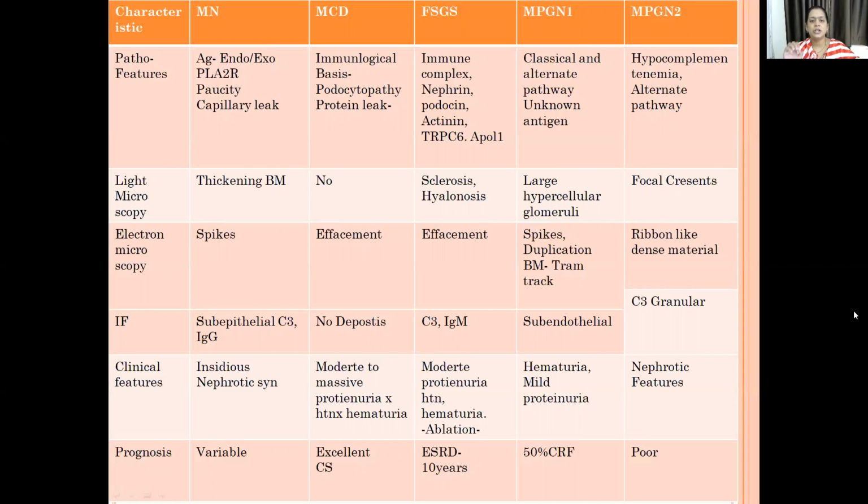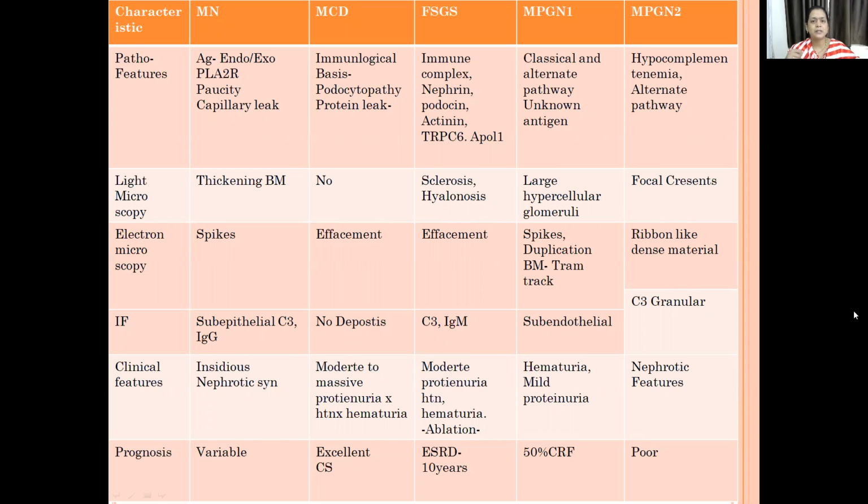Coming to the minimal change disease, usually we know that the minimal change disease has an immunological basis: there is an associated atopy, there can be a hereditary HLA association, and then there can be some respiratory infection which is leading to this disease. Usually in the minimal change disease the pathogenesis is unclear, but it is thought to be due to loss of glomerular polyanions.